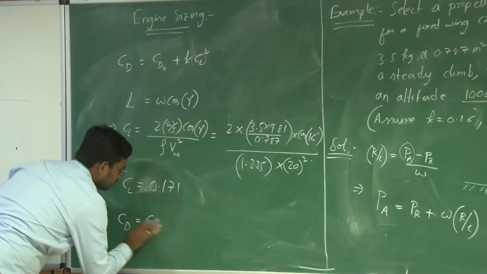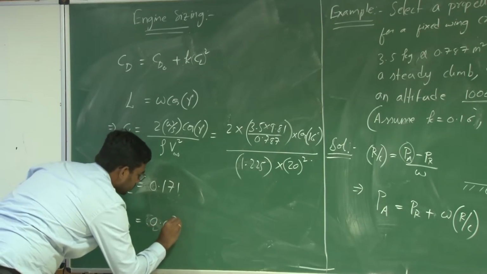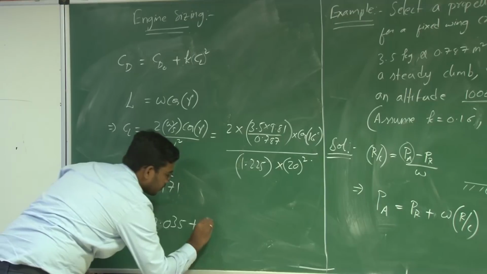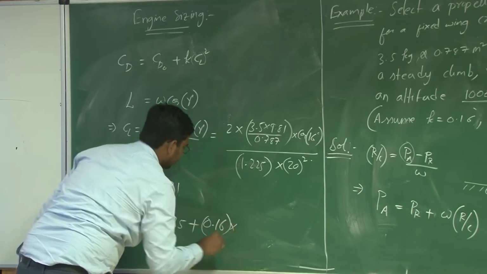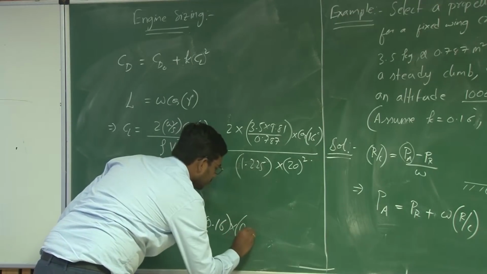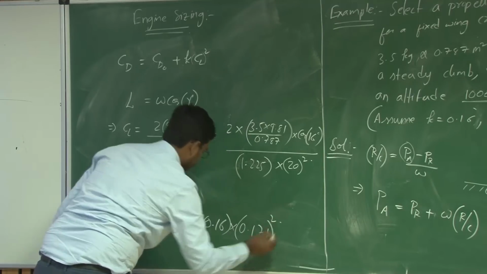What is CD? CD is equal to 0.035 plus 0.16 into CL square, which is 0.171 square.